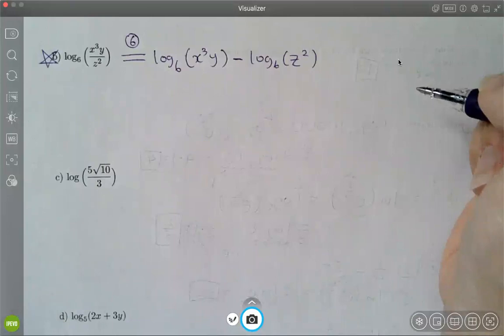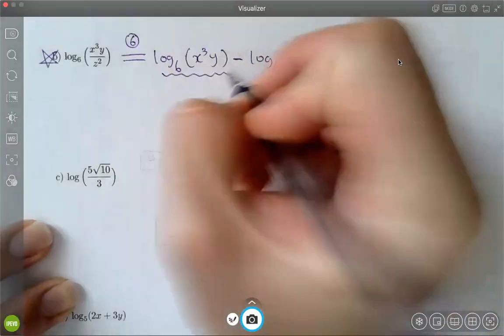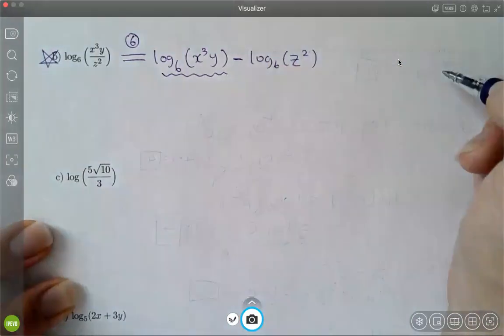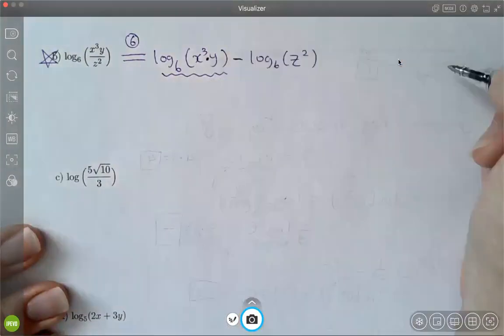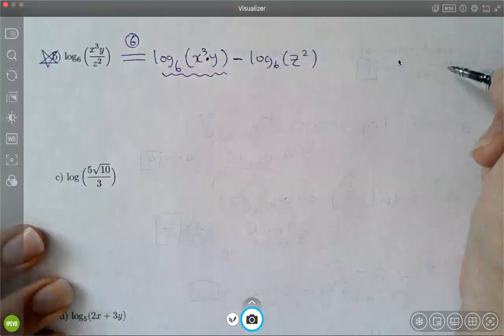How? Let's look at this first log. Can that be broken down further? Yes, and what's the reason? x cubed y is the same thing as x cubed times y, right?